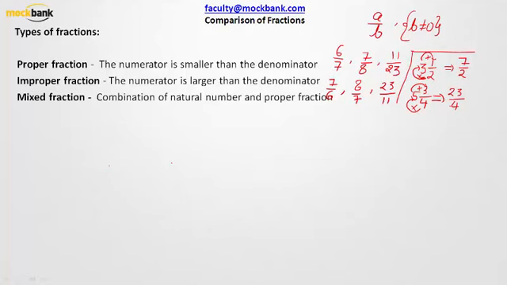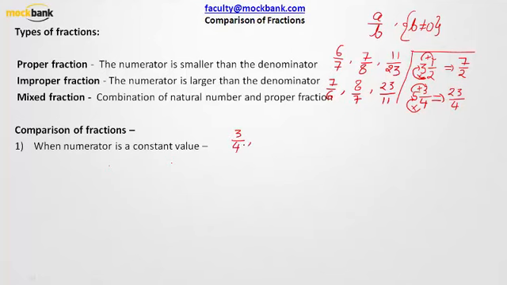Now let us start understanding how to compare fractions. The first method of comparing fractions is when the numerator is constant. Say I have 3 over 4, 3 over 7, 3 over 5, 3 over 9. In all these cases, the numerator is a constant value. Hence whenever the numerator is constant, we always go with this approach: the higher the denominator, the lower is the value.